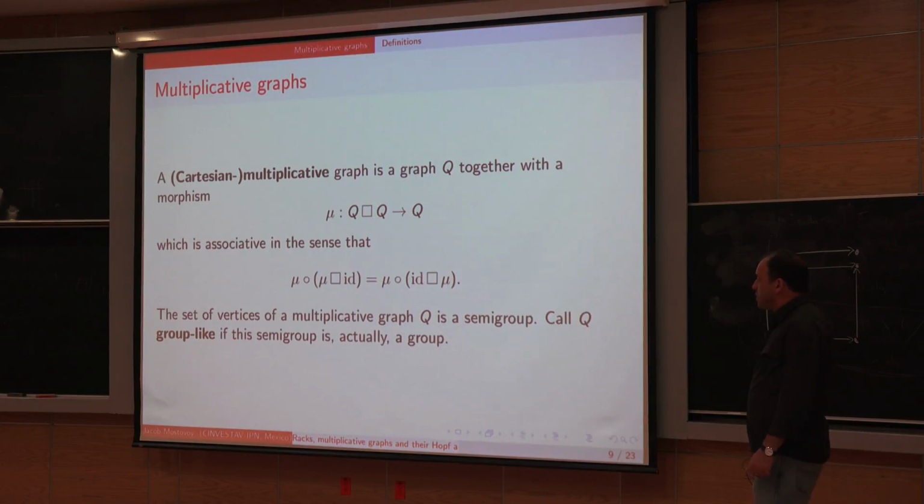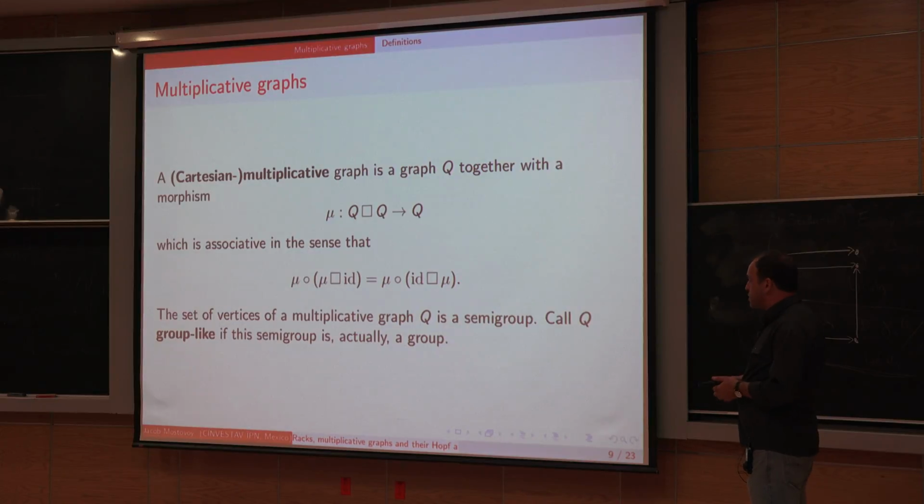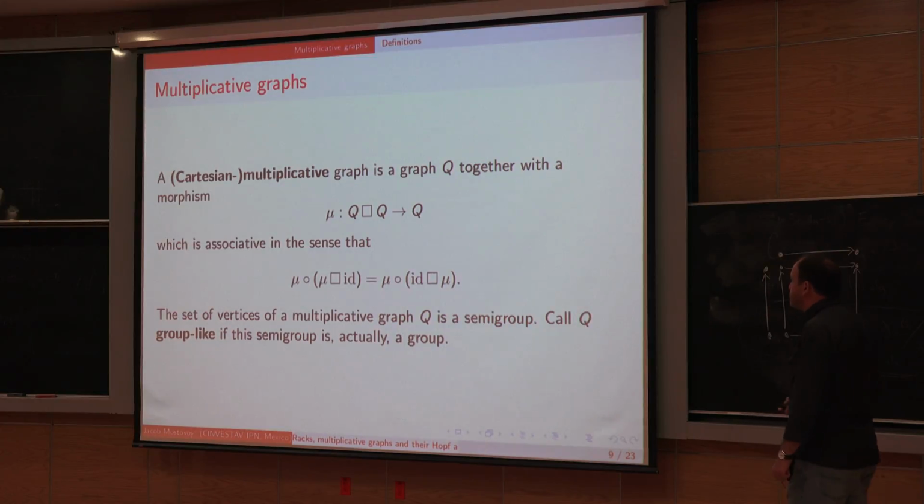And absolutely automatically, the vertices of such a multiplicative graph are going to form a semigroup. And the semigroup-like graphs are interesting. There are interesting, good examples. But let us consider only those graphs so that this multiplication on the set of vertices gives us a group product.